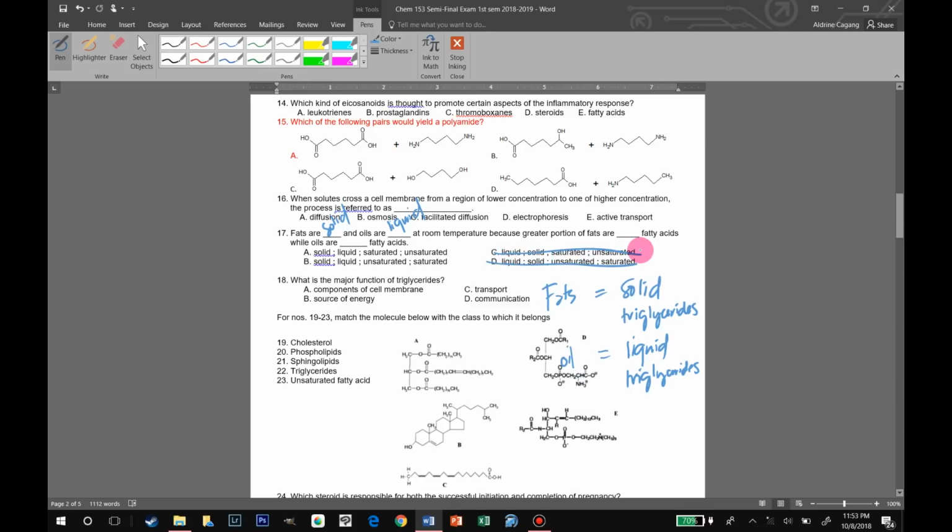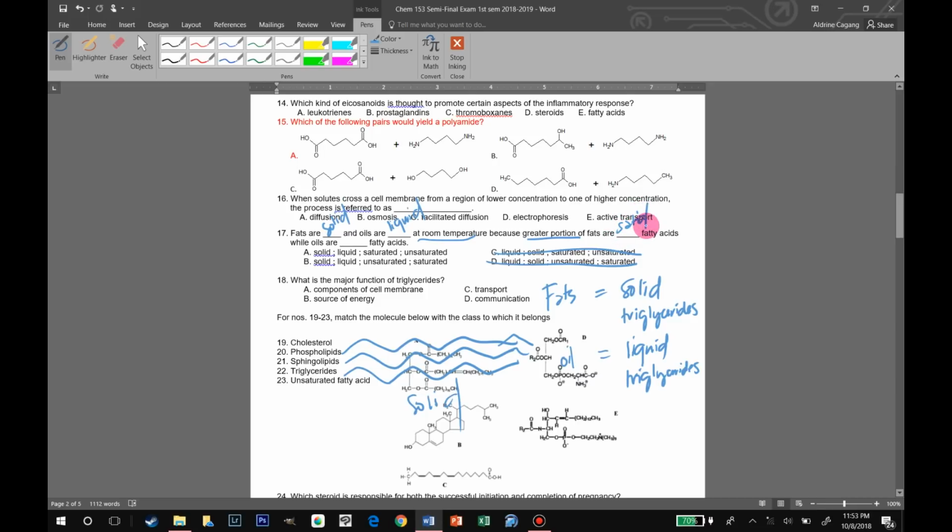And then at room temperature, because a greater portion of fats are blank, so saturated or unsaturated. So fats are solid. This is going to refer back to our structure of your fatty acids, that if you have a long chain of fatty acids, especially if they are saturated, they're going to stack more neatly, they maximize their interaction, so on and so forth. They form a more solid structure. Again, because they have a greater portion that are saturated.